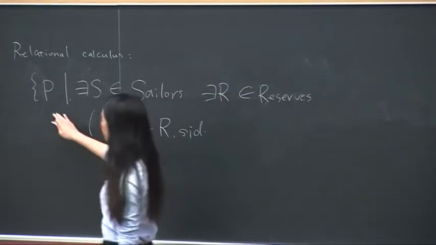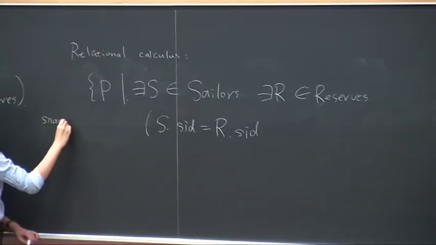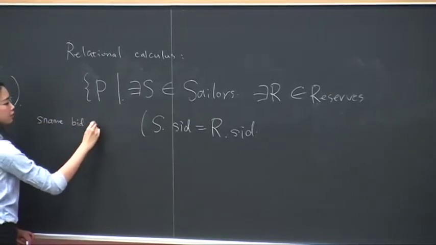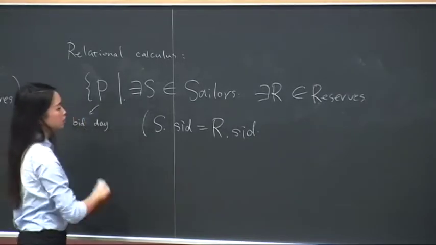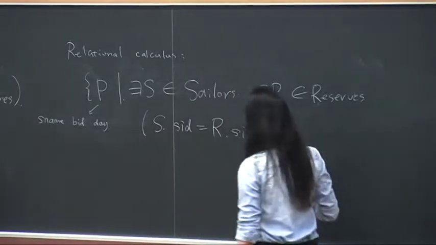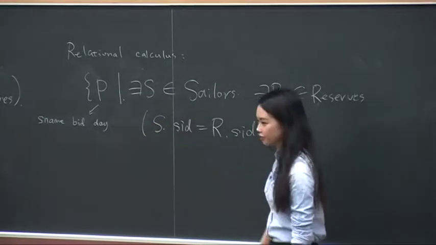Take a look at the P. P has three fields, which are S name, BID, and day. So what would you do next in these conditions or criteria we said, so that you can make sure those fields have values?